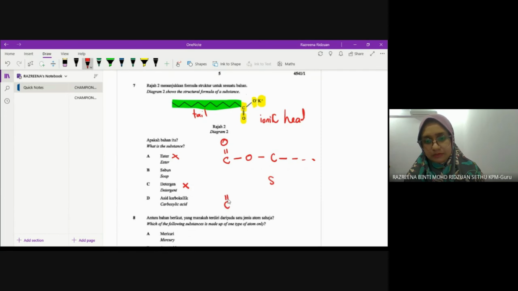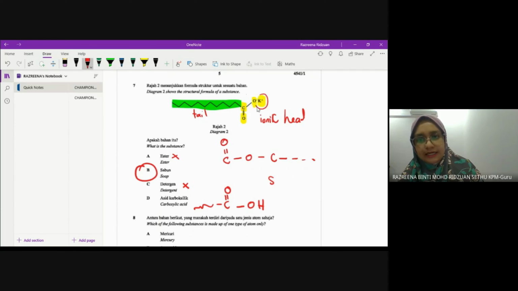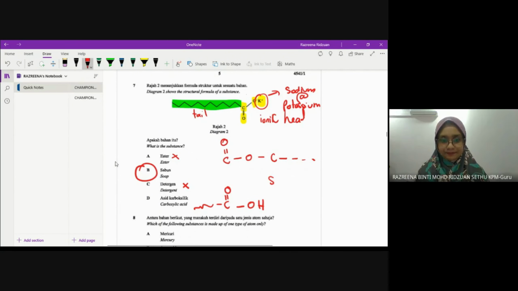Carboxylic acid is C double bond O, OH, with a long chain here. So the answer is soap, because it's an ionic head here. It's either a sodium salt or potassium salt, it can be either one.